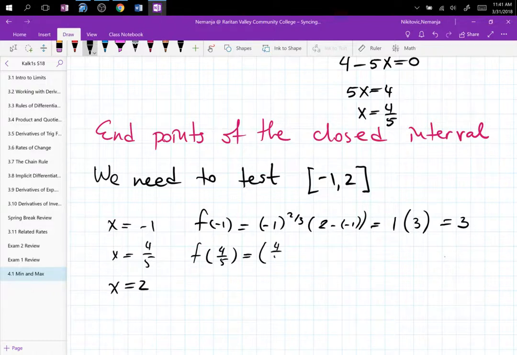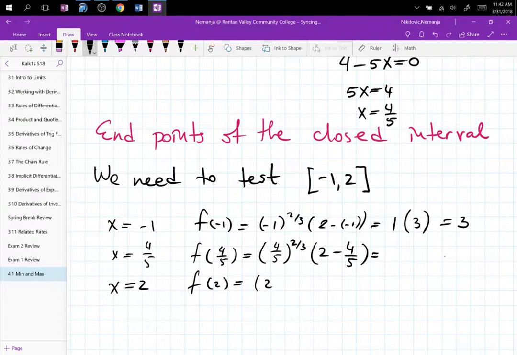So we have 2 to the 2/3 times 2 minus 2. Ooh, this one is 0. I don't even care how much 2 to the 2/3 is, because 2 minus 2 over there is 0. So 0 times whatever number you get on the left is going to be 0.